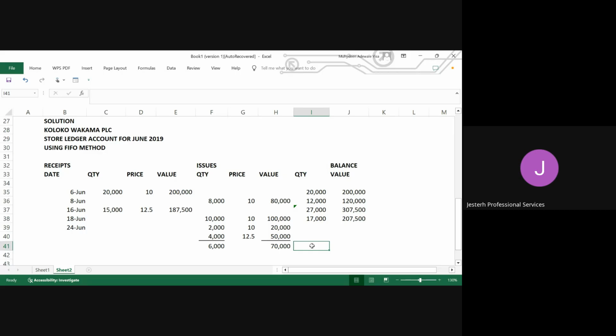Now remember, from our closing balance in the store, what we have is 17,000. From the 17,000, we issue out 6,000. What we are going to do is take the one we have in the stock minus the one we just issued out. It means in our store presently, what we have is 11,000 units.